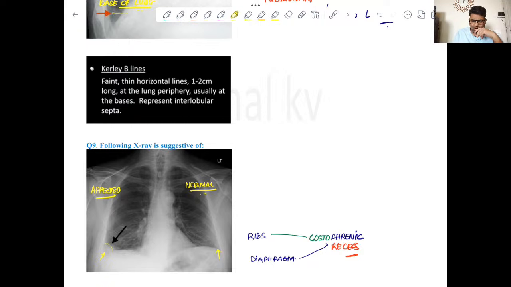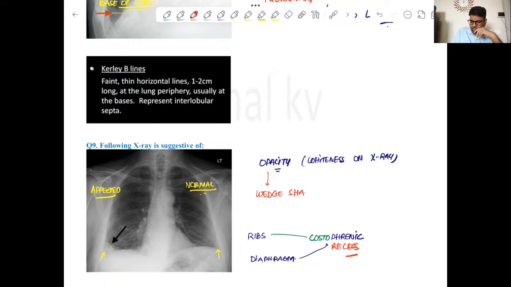So there is some whiteness, and for whiteness what we use the word? We use the word opacity. Opacity is whiteness on X-ray. Clear? So when I am using the word opacity, here it is a wedge shaped opacity.